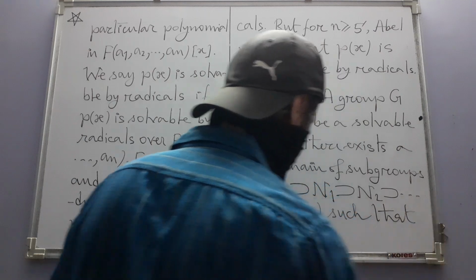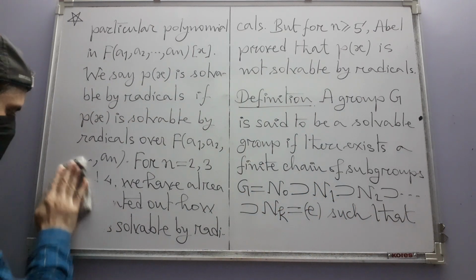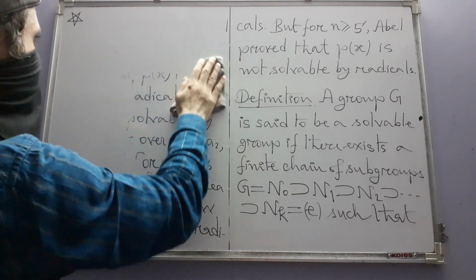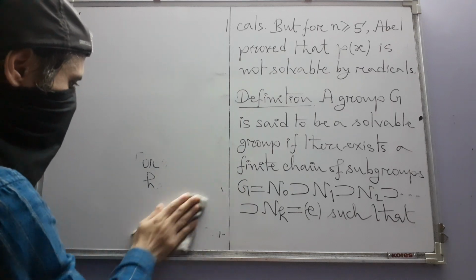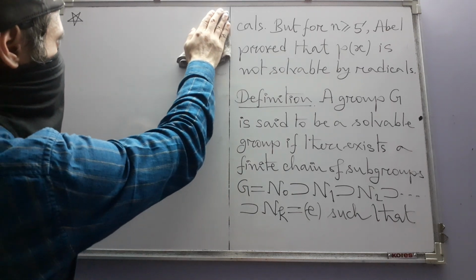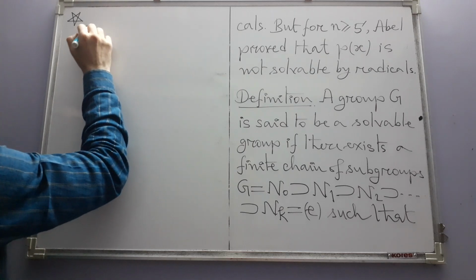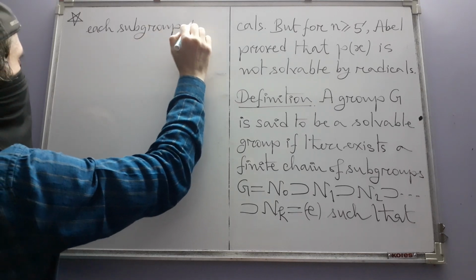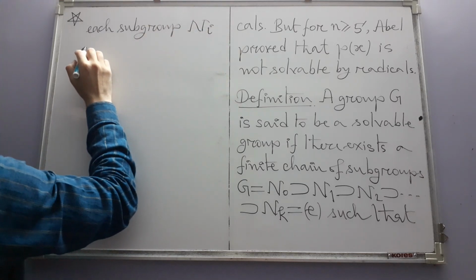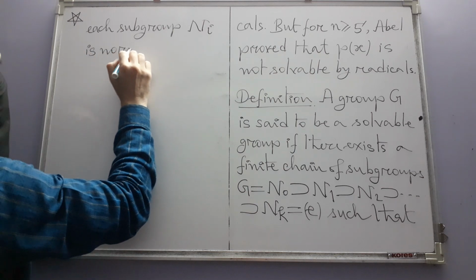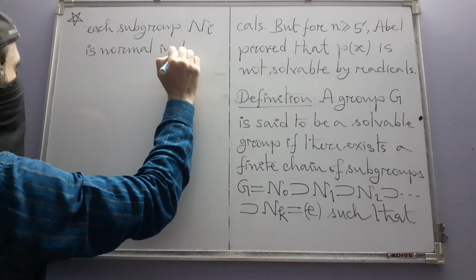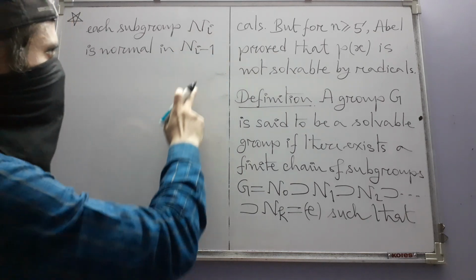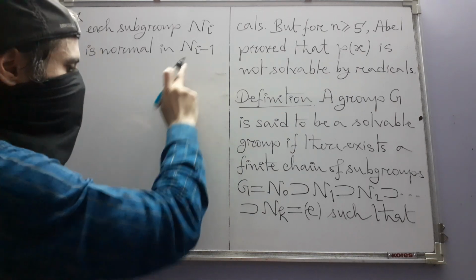Such that each subgroup Ni is normal in the previous group of the chain, Ni minus 1, with the understanding, of course, that the least value of i is 1.